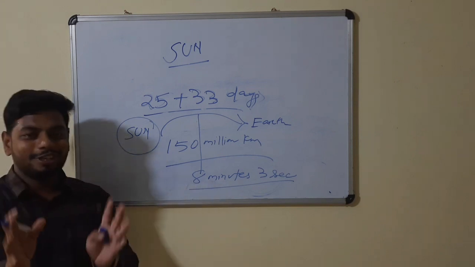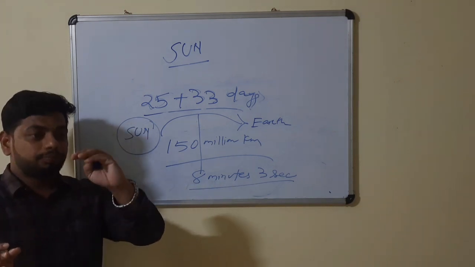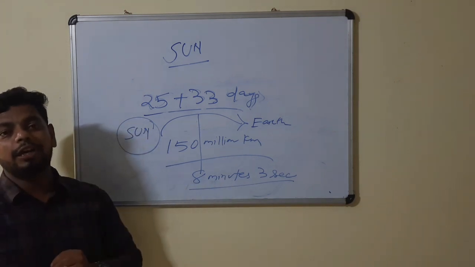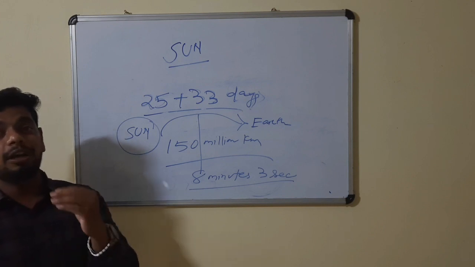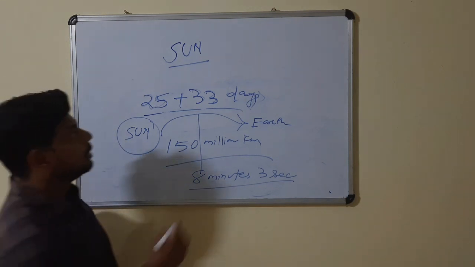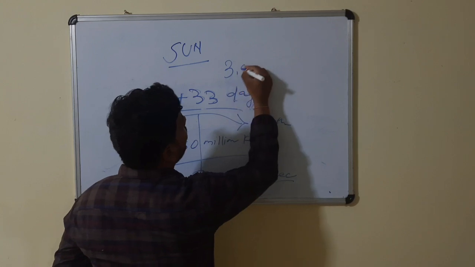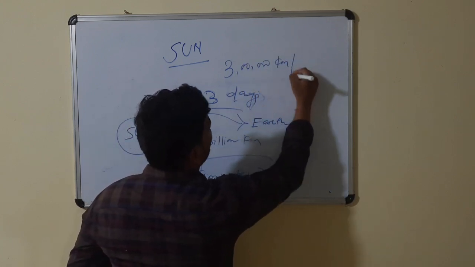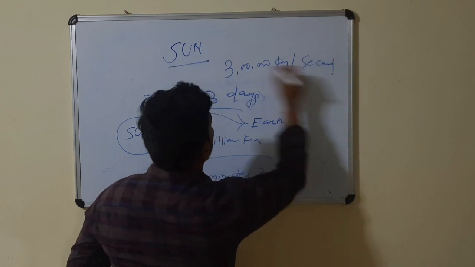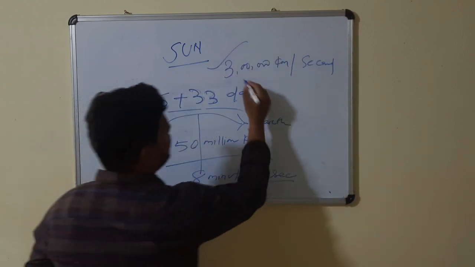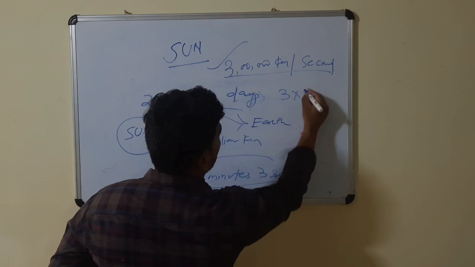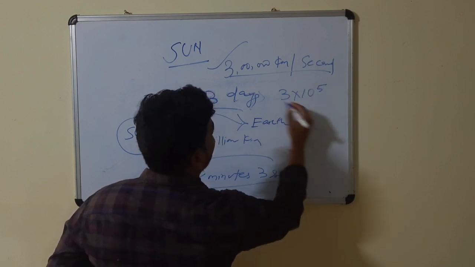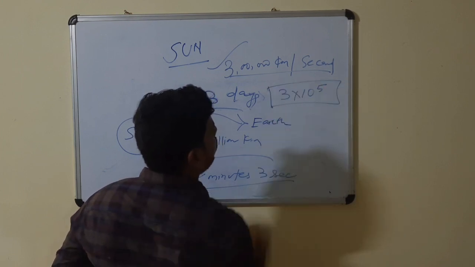Another interesting question: what is the speed of light? It is 3 lakh kilometers per second. It means 3 into 10 to the power 5 kilometers per second.